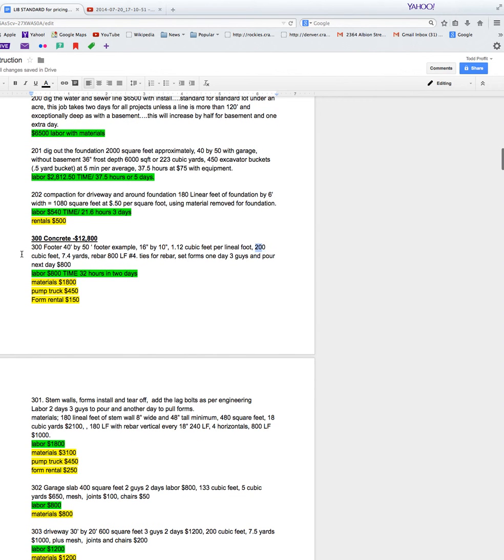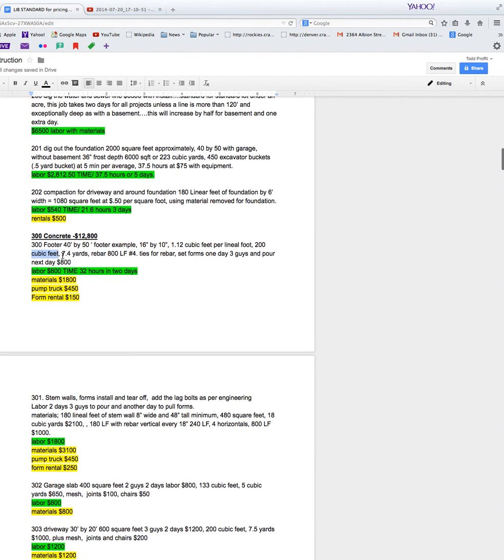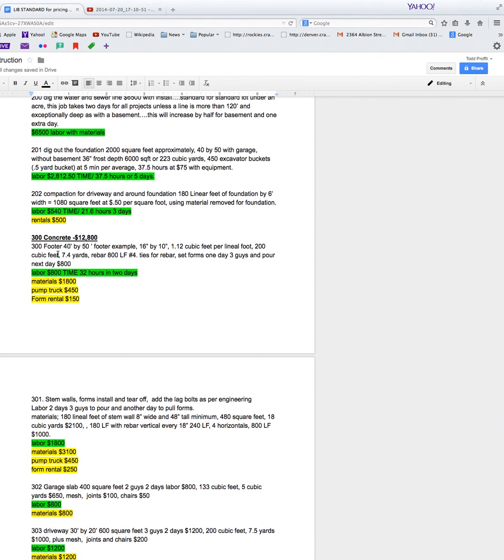So 200 cubic feet. Now, 200 cubic feet, to find your yards, you divide by 27. And how you come up with that number is a cubic yard, which is 3 feet by 3 feet by 3 feet.